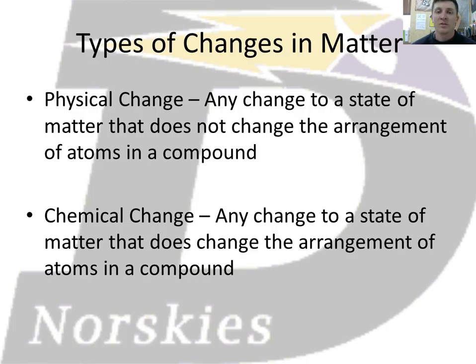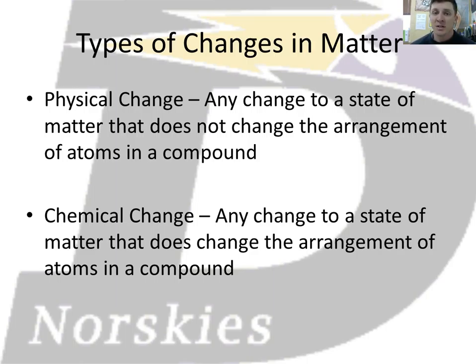So what are the exact definitions of the types of changes in matter? A physical change is any change to a state of matter that does not change the arrangement of atoms in a compound. For example, if I ripped a piece of paper, it's still paper in terms of its chemical makeup; however, I changed the form of it. That is an example of a physical change. So any phase change or change of the physical form without changing the chemical makeup of the substance or material is a physical change.